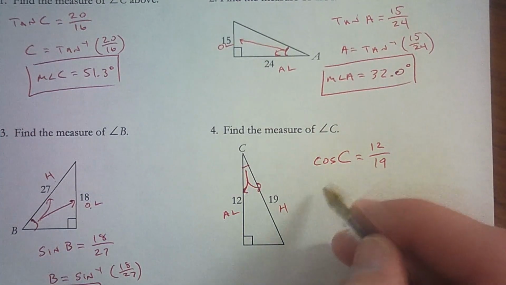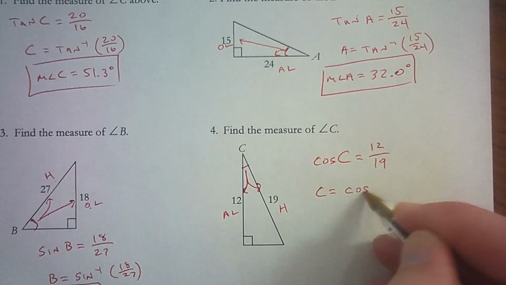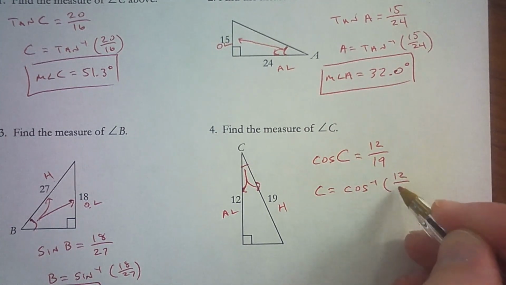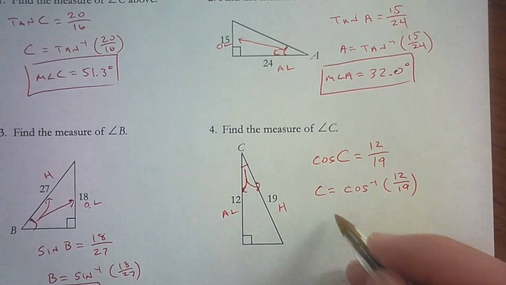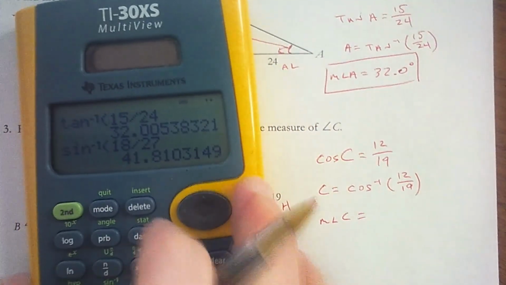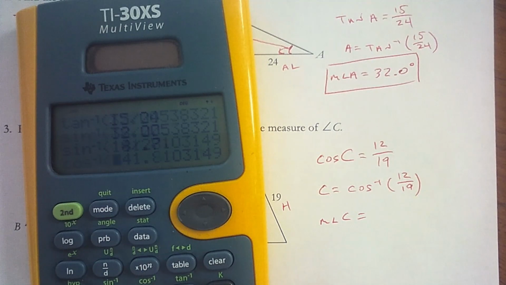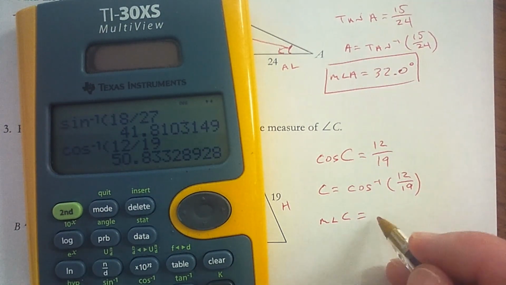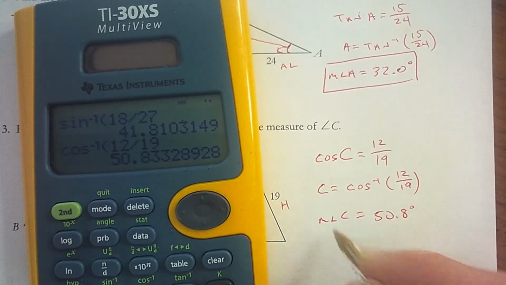And again, the variable is the angle, so C is inverse cosine, 12 over 19. So the measure of angle C is inverse cosine, 12 over 19, 50.8 degrees.